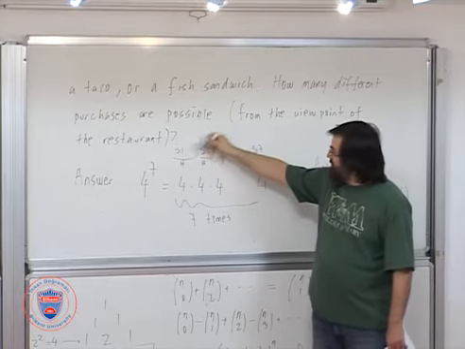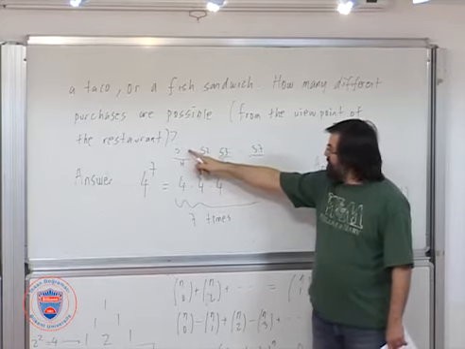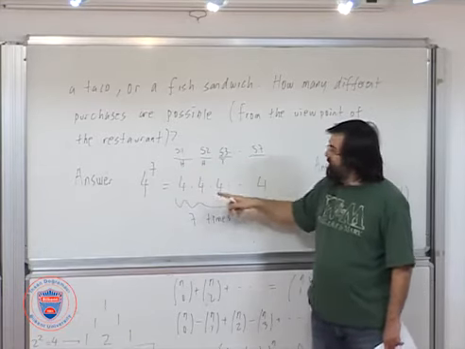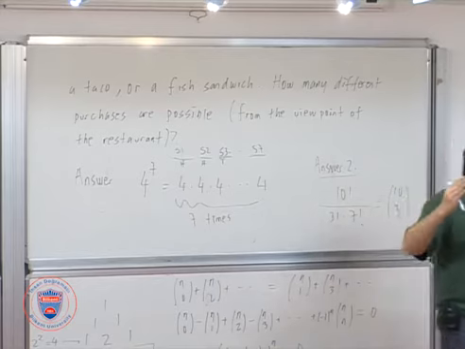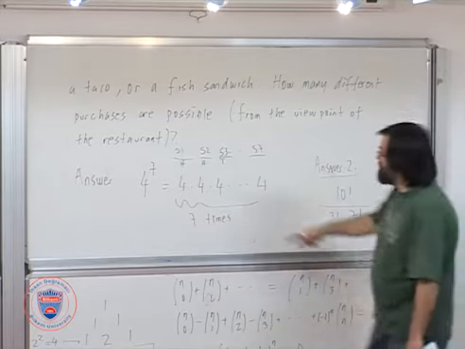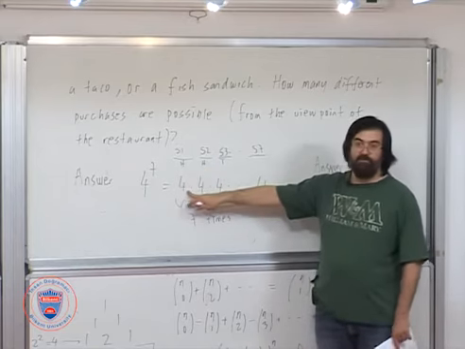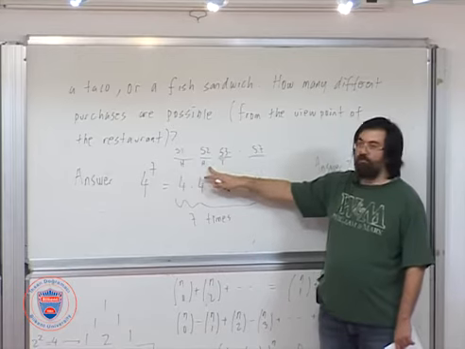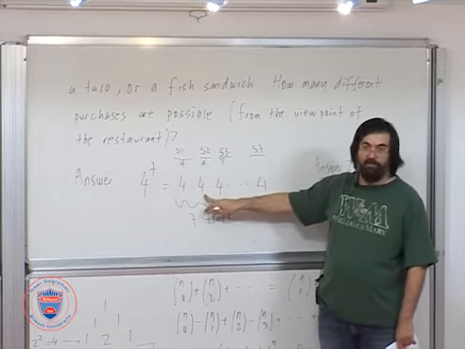If we want to know exactly which student is eating what, then you could think of this as an experiment which has 7 levels, where you're choosing a menu item for the first student, which can be done in 4 different ways. Then you're choosing a menu item for the second student, which again can be done in 4 different ways.